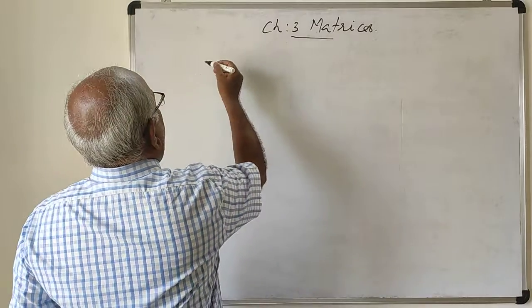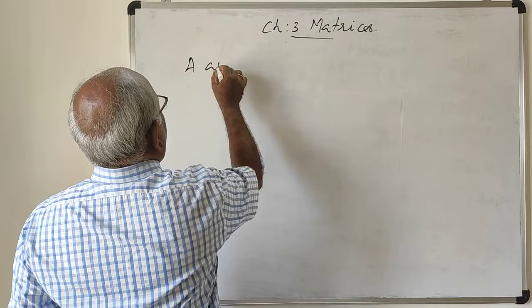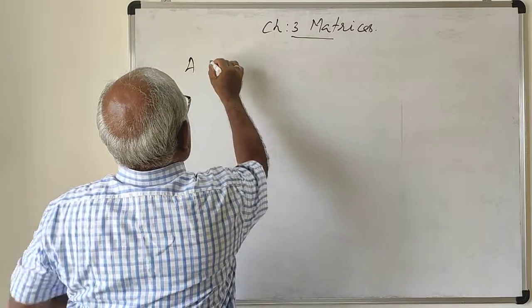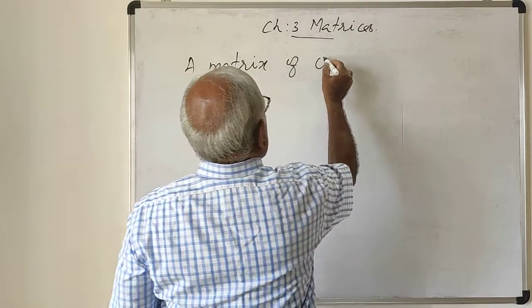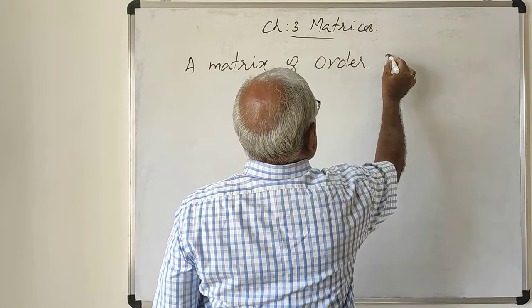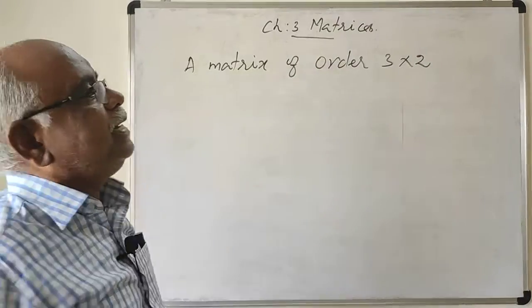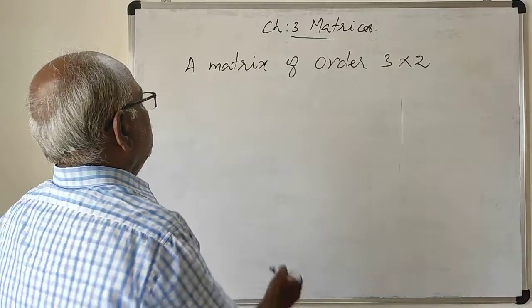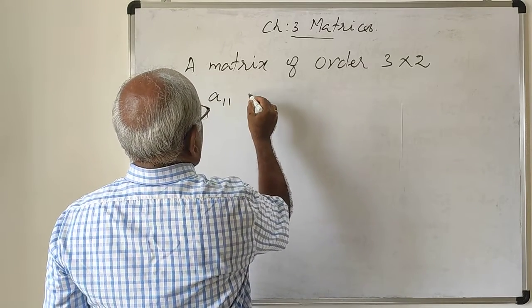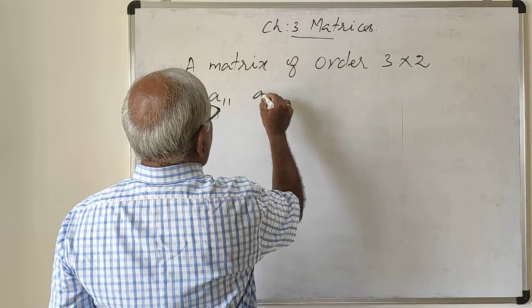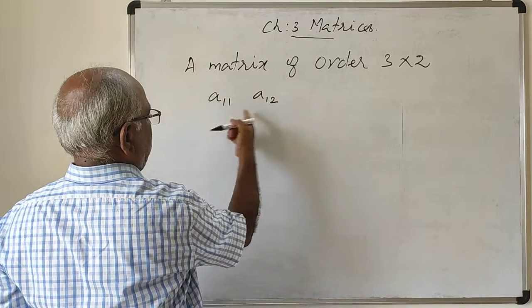See, a matrix of order 3 by 2. It means it contains 3 rows and 2 columns. Row 1 elements contain the first element A11, A12. 3 rows and 2 columns, 2 columns only, but 3 rows.